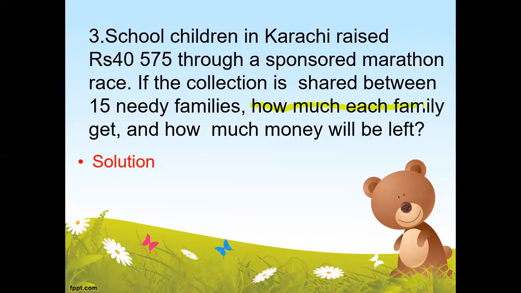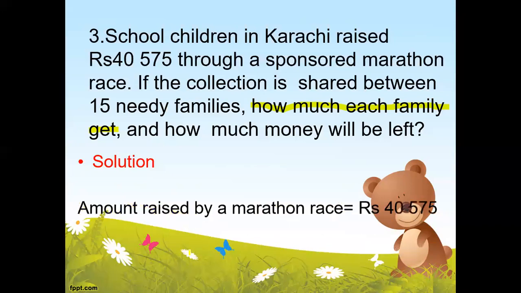How much each family gets means we want to calculate for one family. Each family means one family. And we know the total collected money. So we want to divide this money between 15 families. So as I've told you, divide. So we will divide in this question.